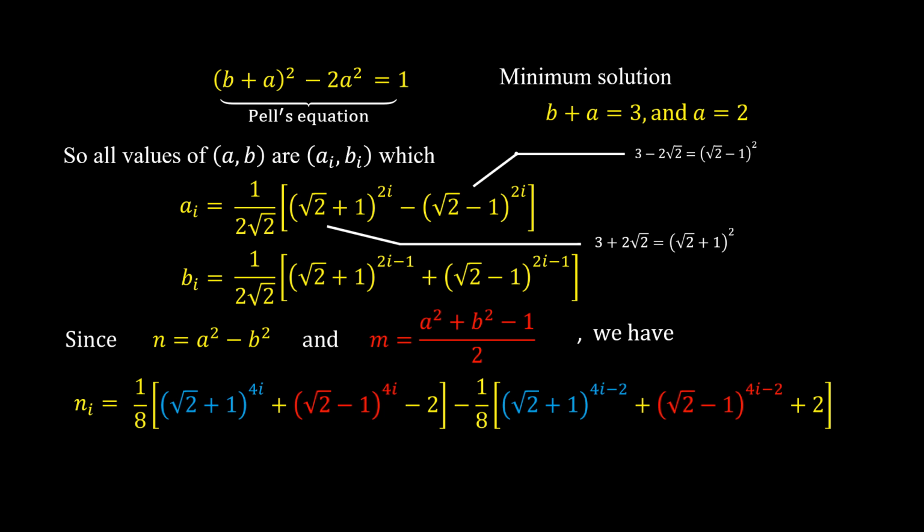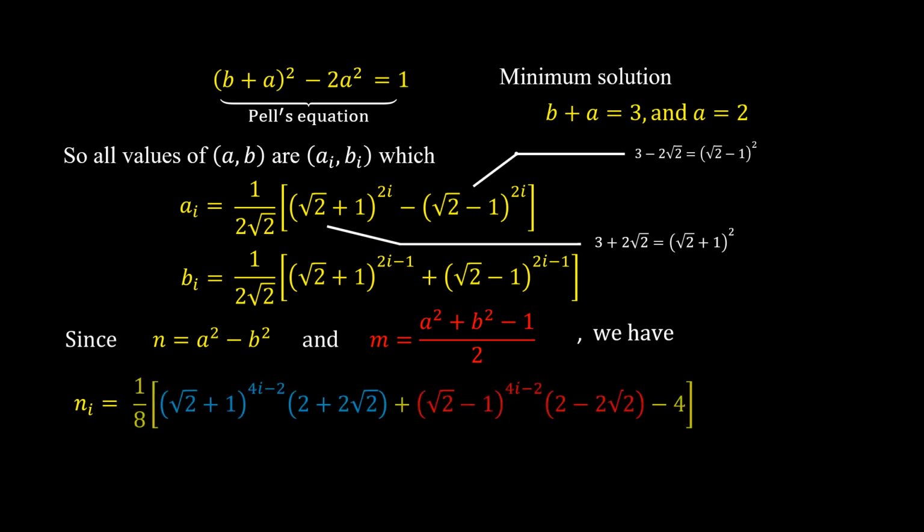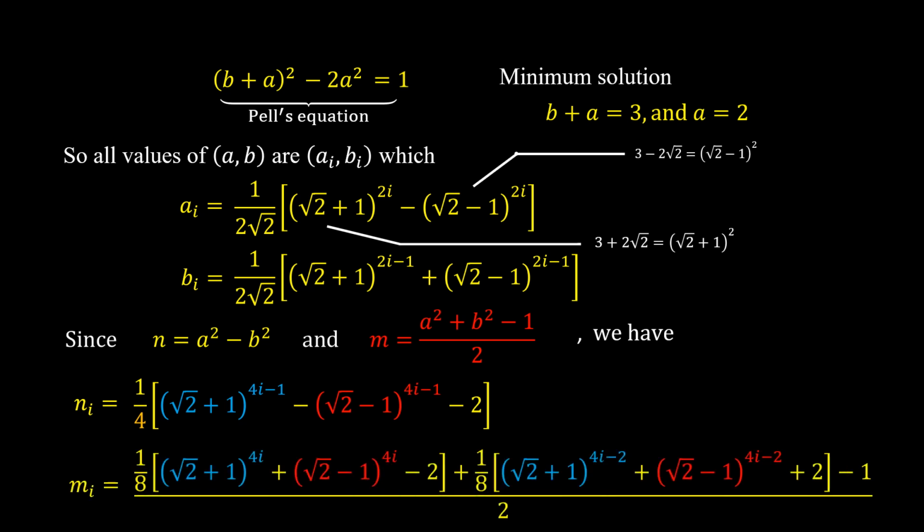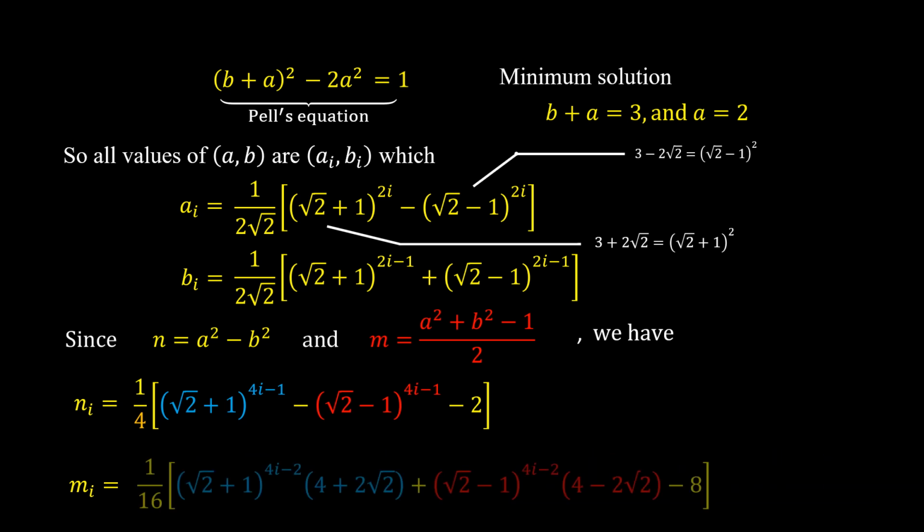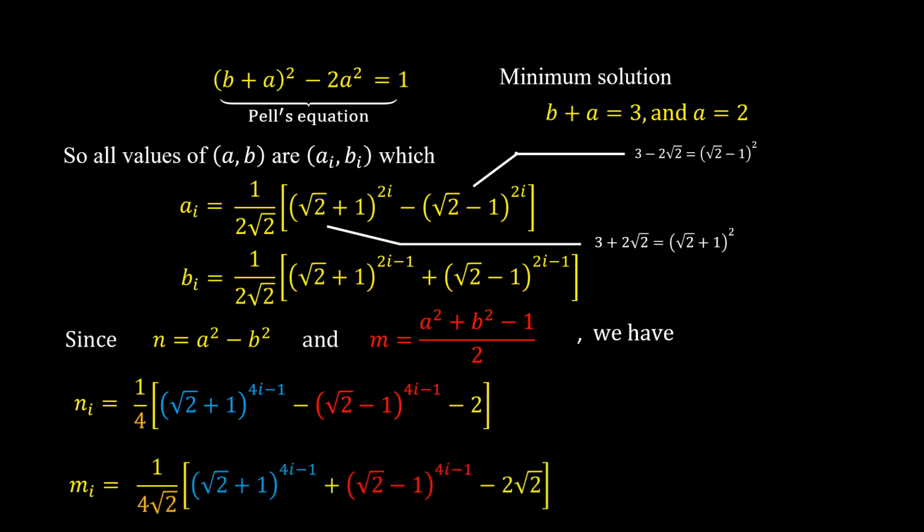Again, combine the same terms and then simplify each term inside the bracket. We have this value. Also, the value of m_i is equal to this quantity. Again, combine the same terms and then simplify each term inside the bracket. We have this simple value of m_i.